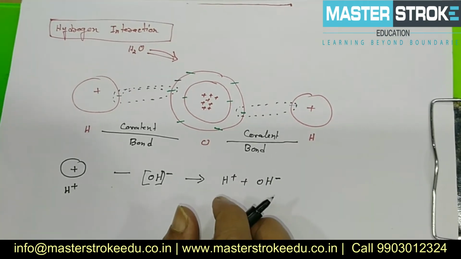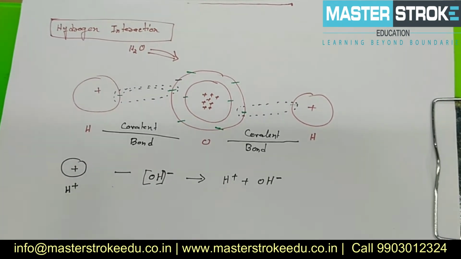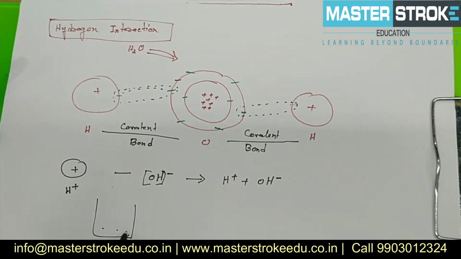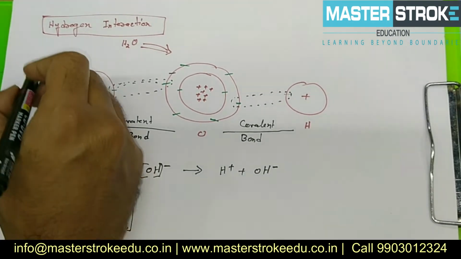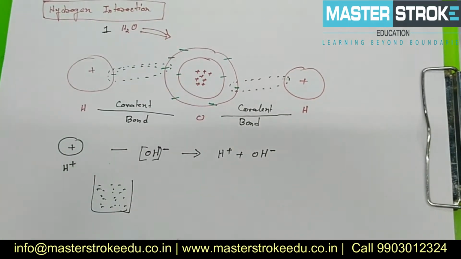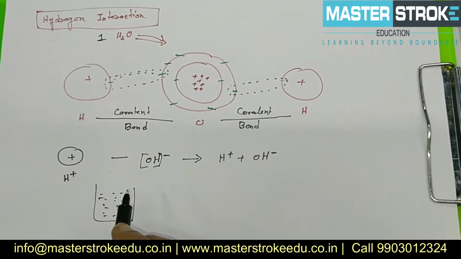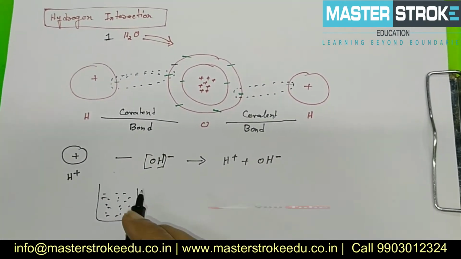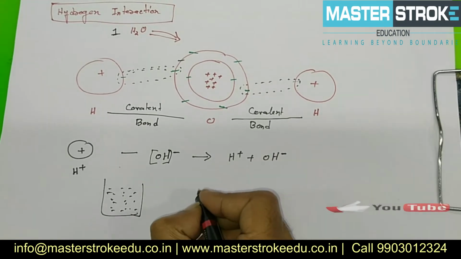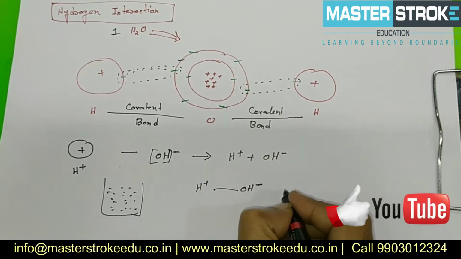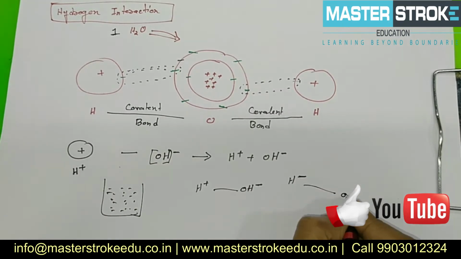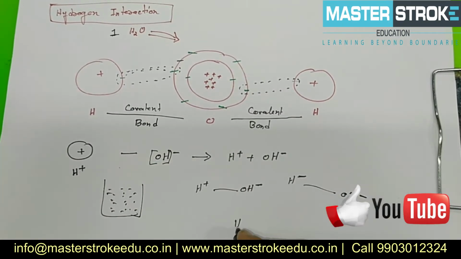Now we can understand it with an easy concept in a glass of water. Here we are taking the model of 1 water molecule, 1 H2O. But in a glass or a beaker of water, there are a lot of water molecules. So it will remain as H plus, OH minus, H plus, OH minus, H plus, OH minus.